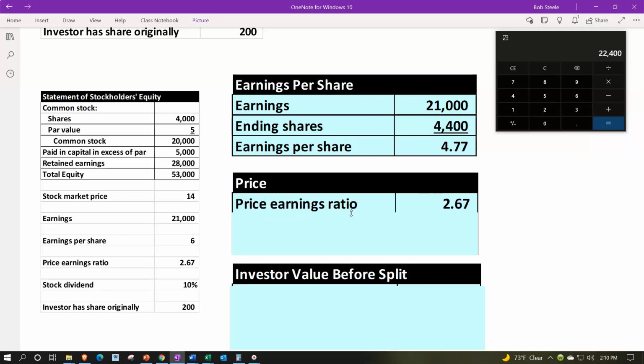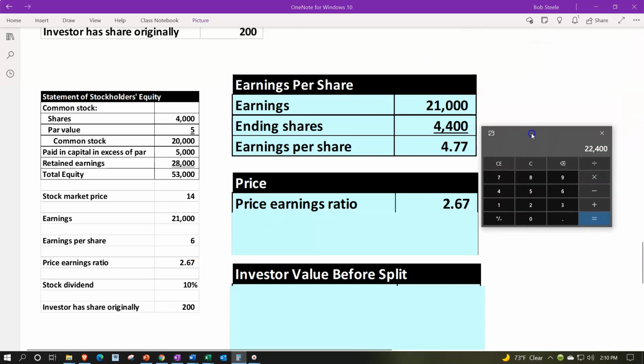Well, and note when we're looking at the price, we're going to be taking into consideration the price earnings ratio, which you might first calculate by looking at the price earnings ratio and then backing into, say, the price. Notice that this price earnings ratio at the starting point, we can consider it comparing the price to the earnings. So the price starting point would be the $14 price divided by the earnings.